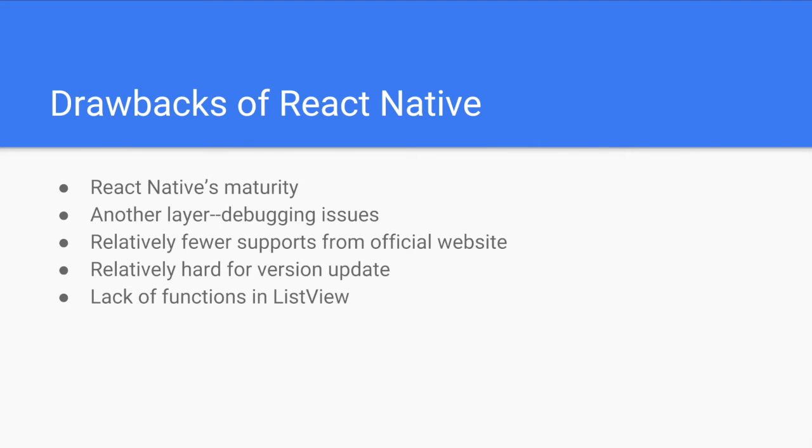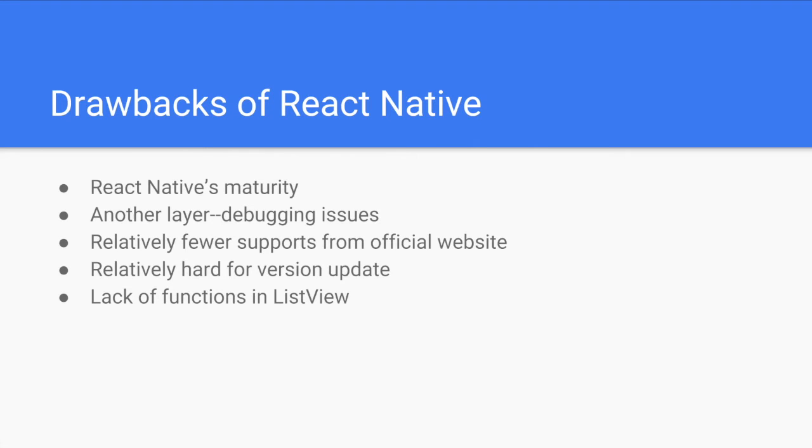Certainly, there are some drawbacks about React Native. As the project is still relatively young, iOS support was released in March 2015, and Android support was released in September 2015. The documentation on websites such as Stack Overflow certainly has room for improvement and continues to evolve.